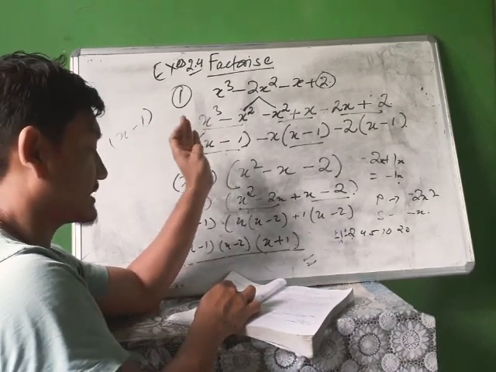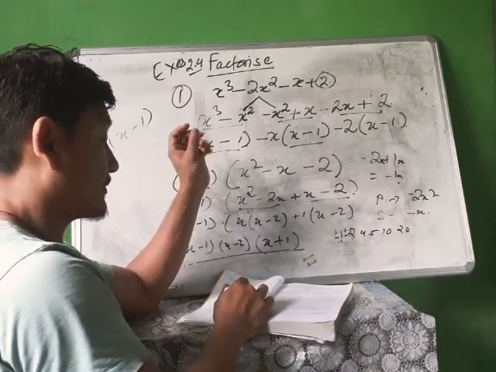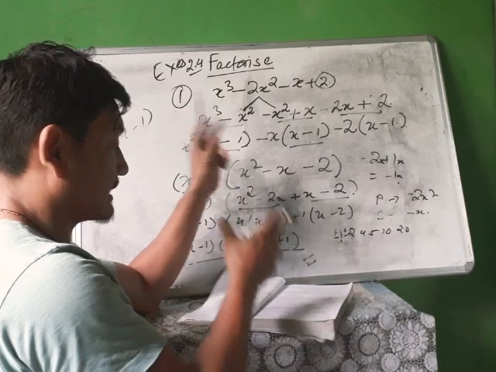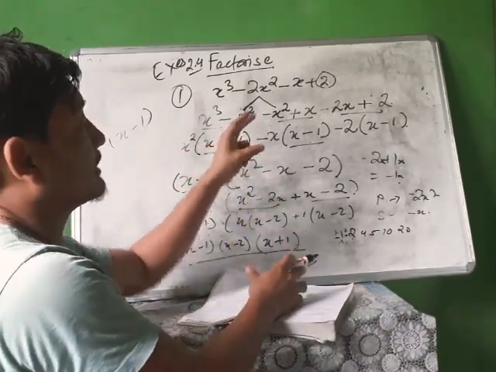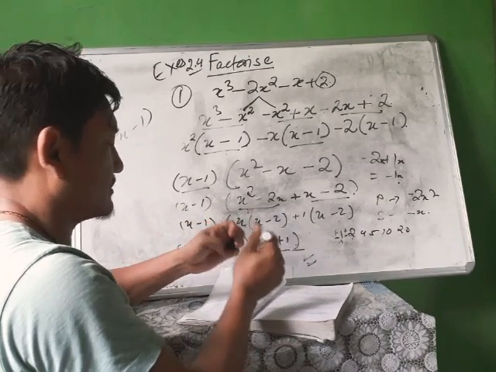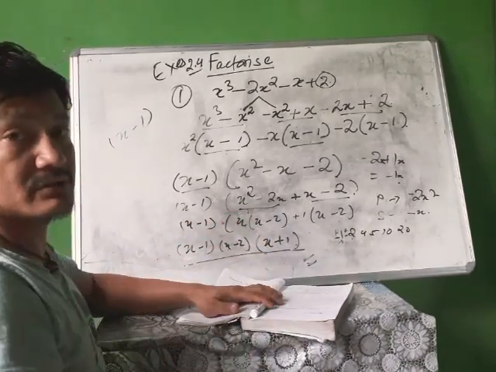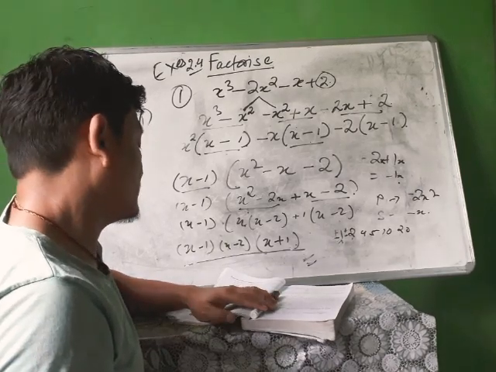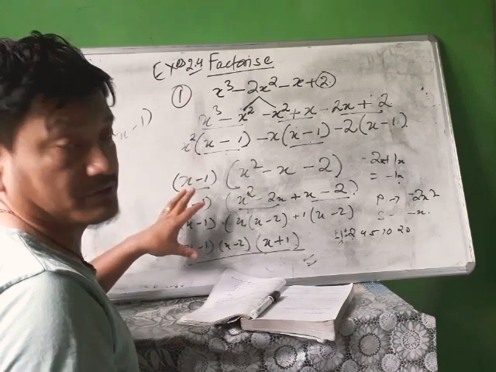Just try it, practice it, and if you are not able to get what I am doing on this board, go on watching again and again until you get what I have taught you right now.